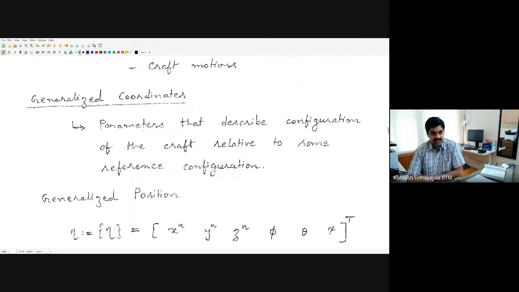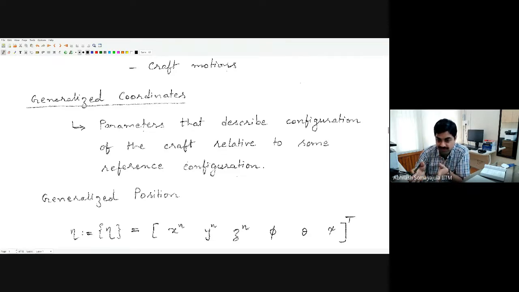Okay, now that we have defined the reference frames and the reference points, let's start discussing a little bit about generalized coordinates. When you hear the term generalized coordinates, we are talking about variables that describe the configuration of the craft relative to some reference configuration.